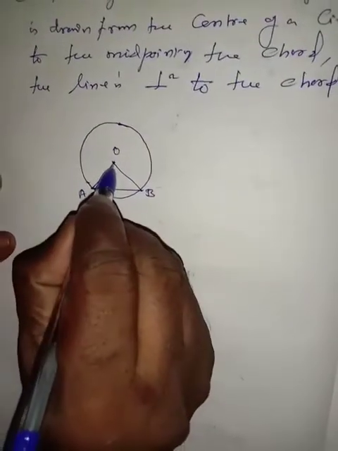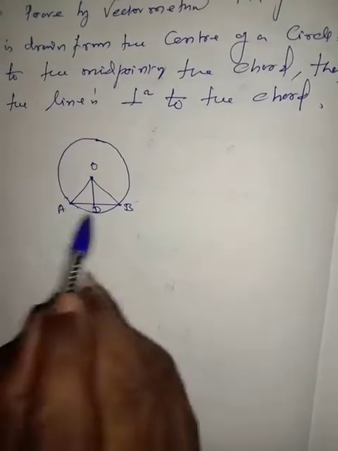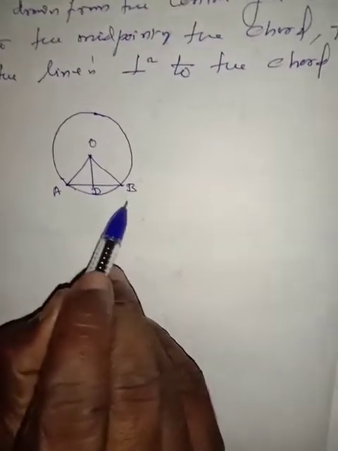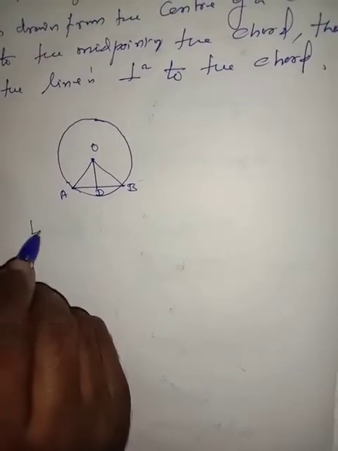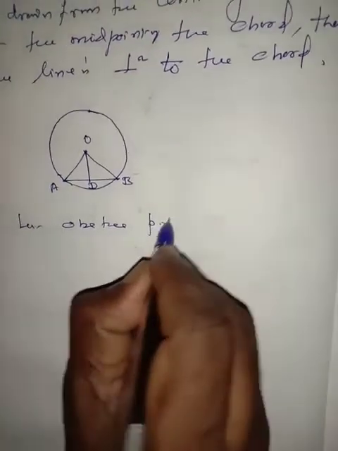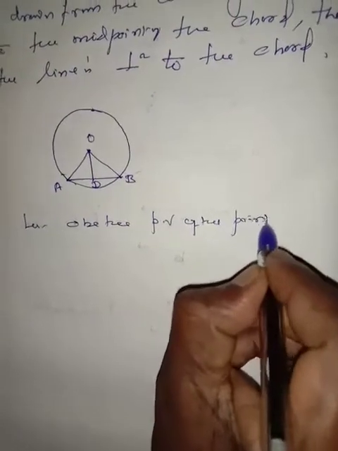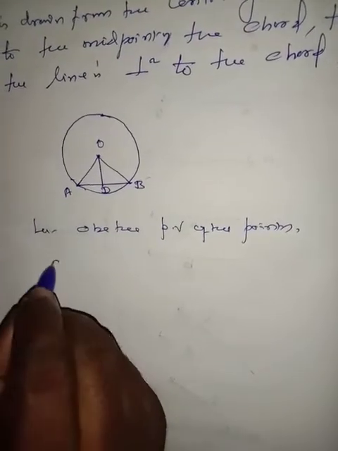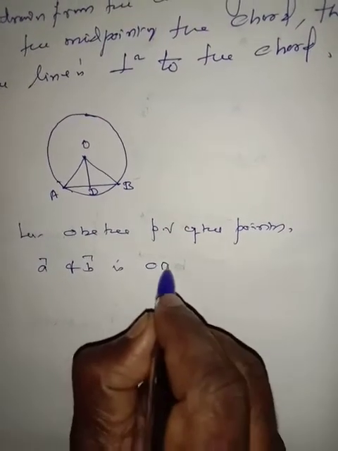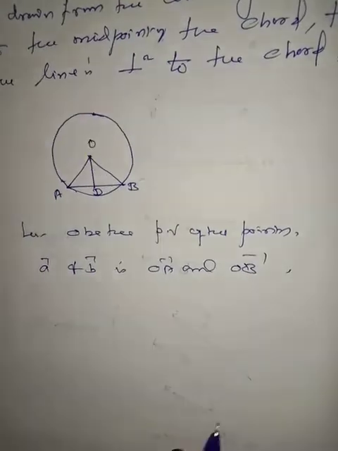Draw OD perpendicular to AB. Let O be the position vector of the points A and B, so OA vector and OB vector.